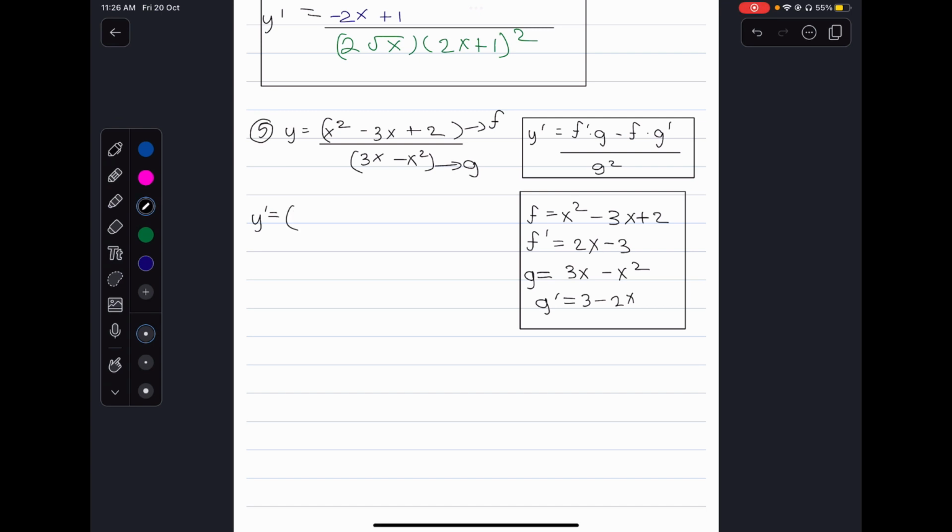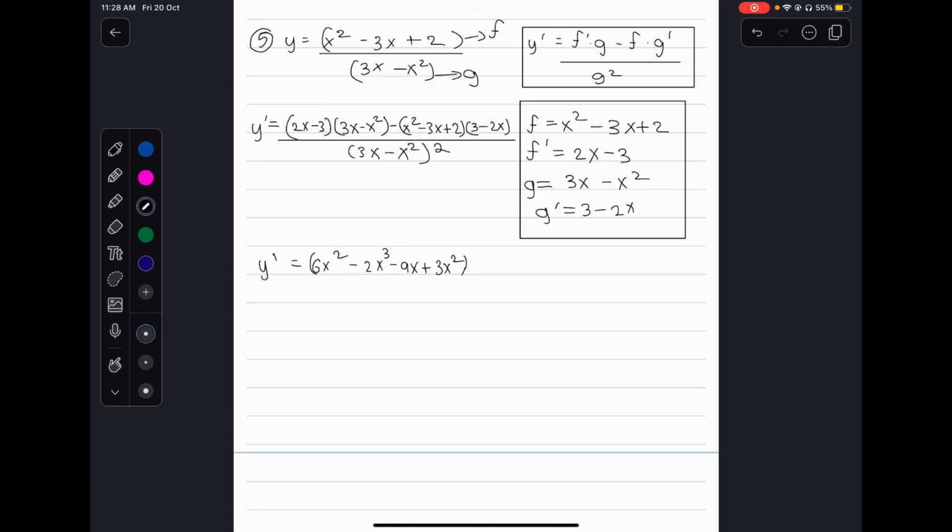So f prime is 2x minus 3, g is 3x minus x squared, f is x squared minus 3x plus 2, and g prime is 3 minus 2x, over g squared, and then again minus and open a new bracket. x squared times 3 is 3x squared, and x squared times negative 2x is negative 2x cubed.